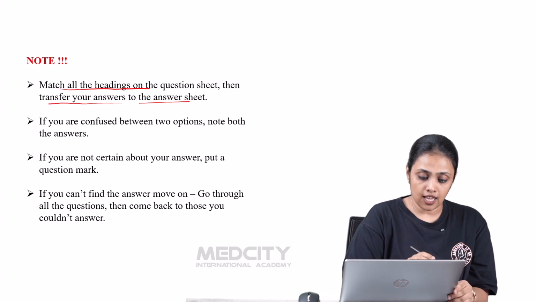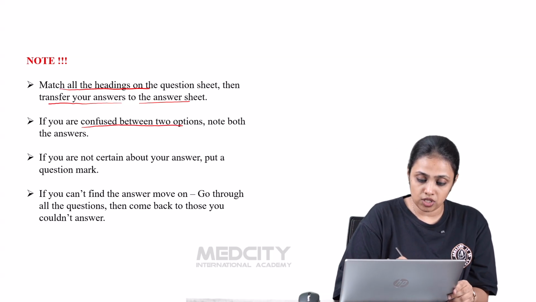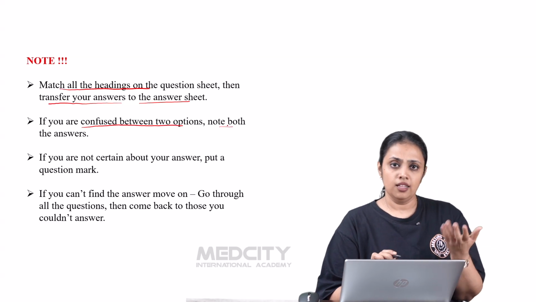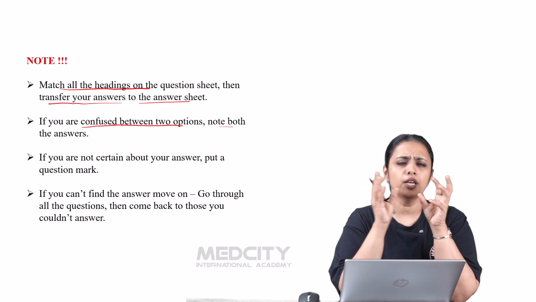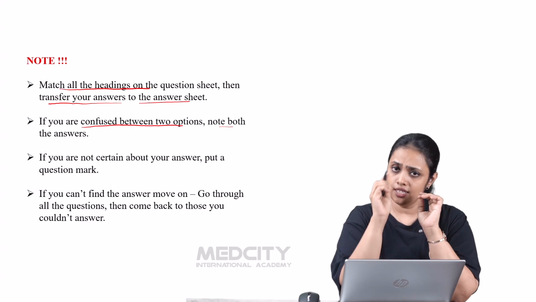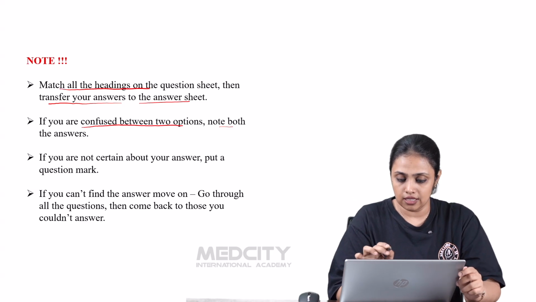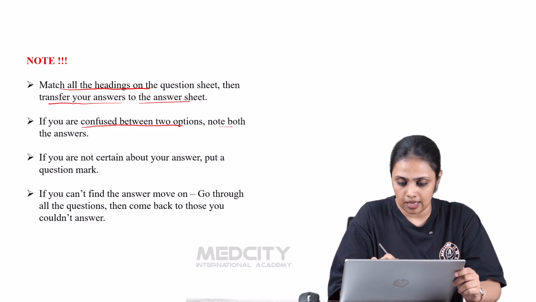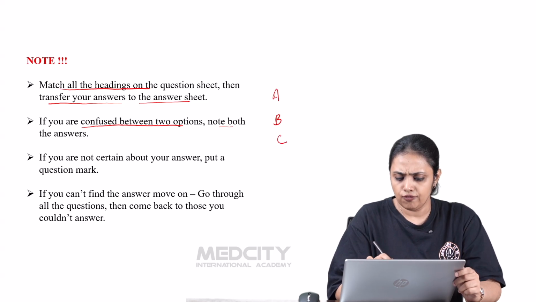Then if you are confused between 2 options, note both the answers. If you are not able to decide between 2 headings and you feel both are fine, make a note of both answers beside that section. For example, you have A, B, C, and for section B you feel that heading 2 is also fine and heading 5 is also fine.